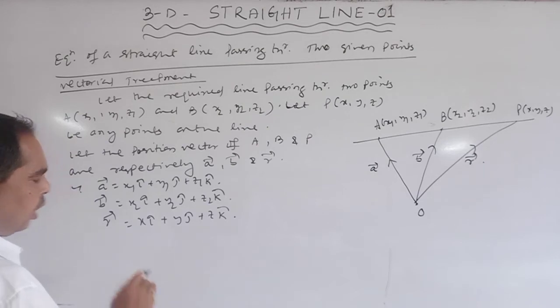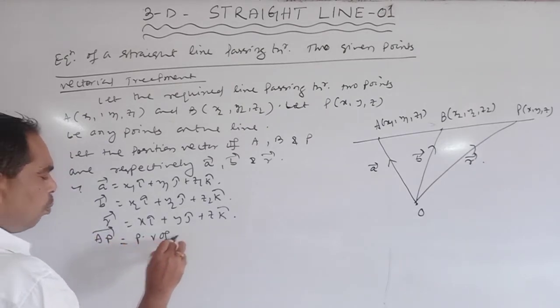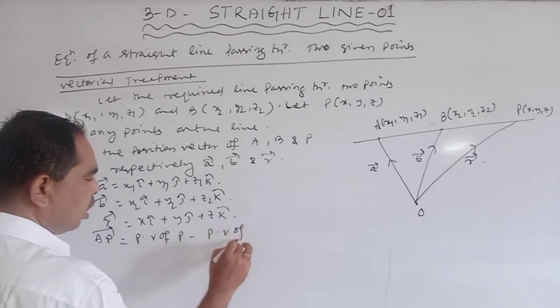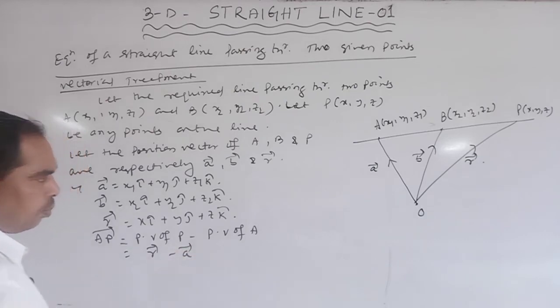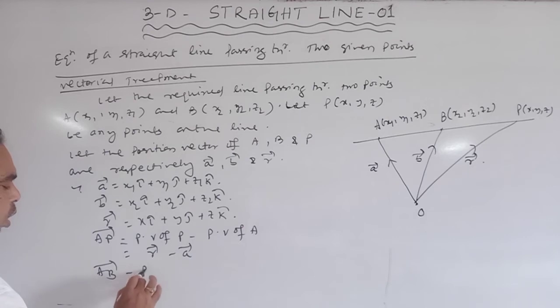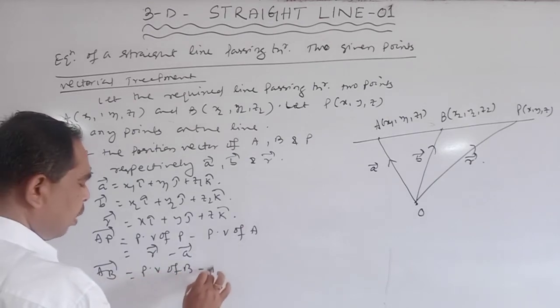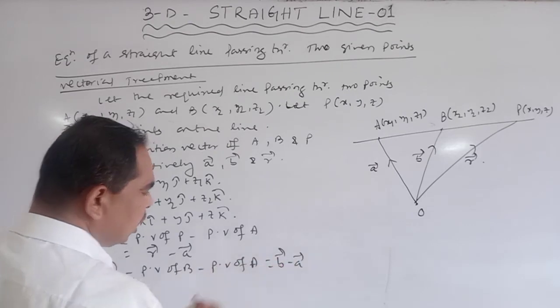So AP vector means position vector of P minus position vector of A, which is R vector minus A vector. Next, AB vector is equal to position vector of B minus position vector of A, which is B vector minus A vector.